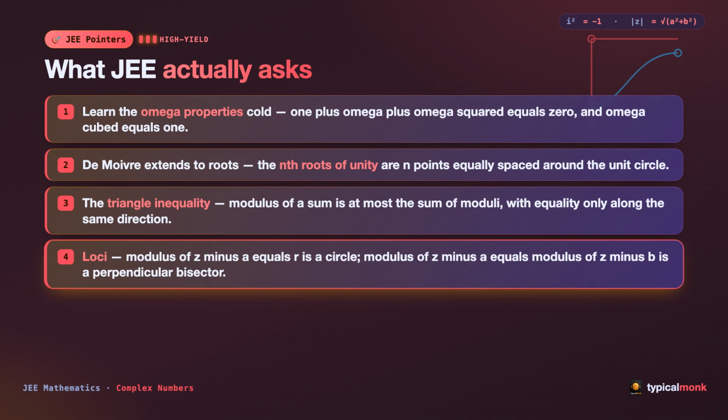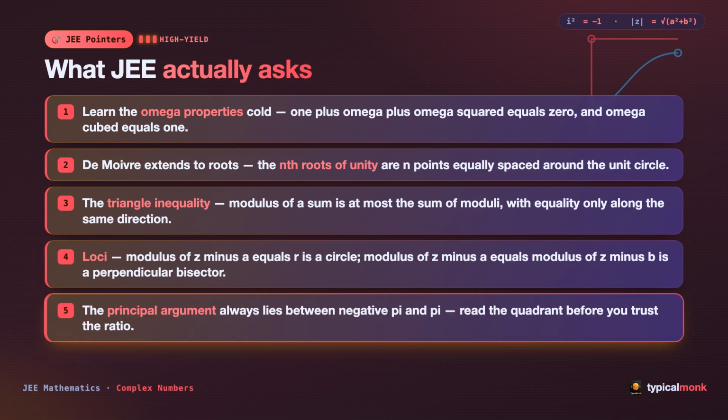Loci. |z - a| = r describes a circle centered at a with radius r, while |z - a| = |z - b| describes the perpendicular bisector of the segment joining a and b. 5. The principal argument always lies between negative pi and pi. Read the quadrant carefully before you trust the arctangent ratio alone.